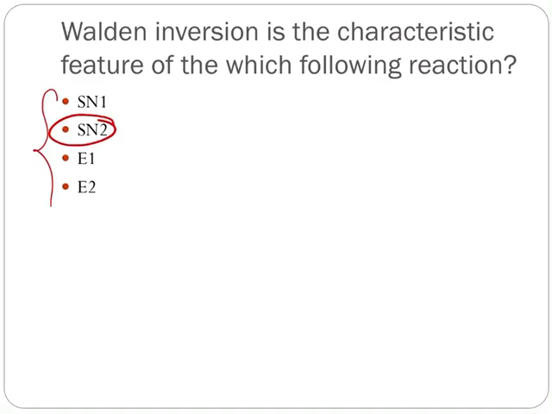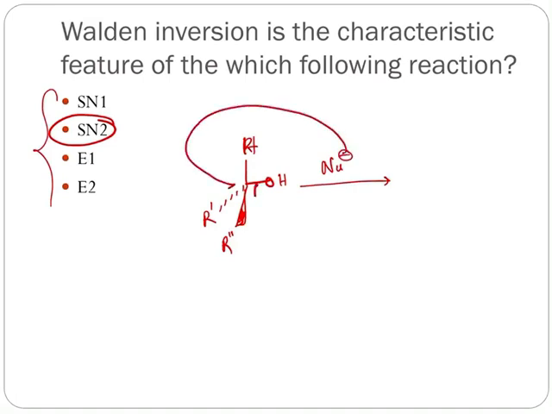So let's see what type of things happens in SN2. Suppose there is a tertiary alcohol, secondary alcohol, and in presence of another nucleophile, when it attacks from this side, this will go out to give this product.